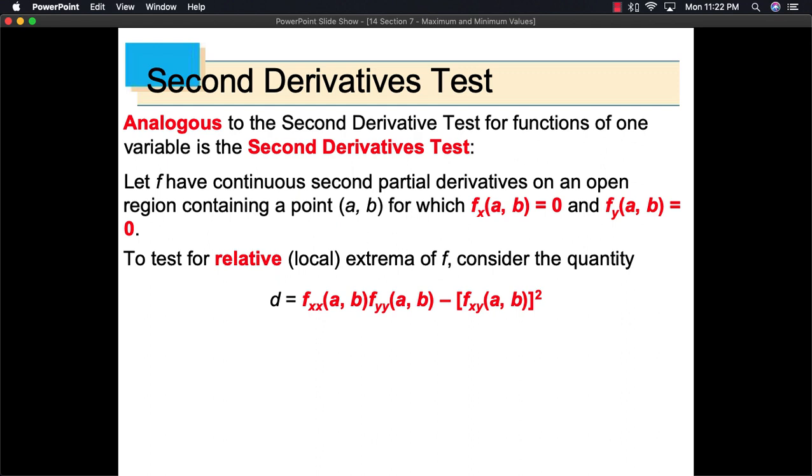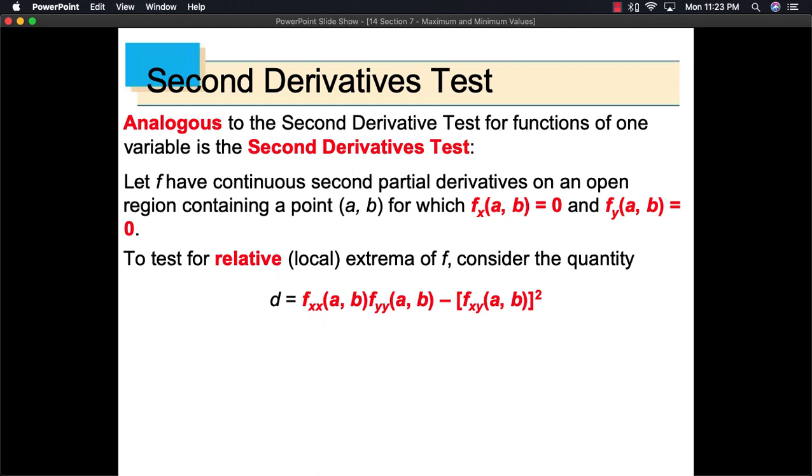It's kind of like in Calc 1, when the second derivative measured the concavity of the function. This is kind of the same thing. But this is definitely a formula you're going to want to memorize. Notice it's the second derivative with respect to x multiplied by the second derivative with respect to y, minus the square of the partial derivative with respect to x then y. All three of these are evaluated at the critical point (a, b).